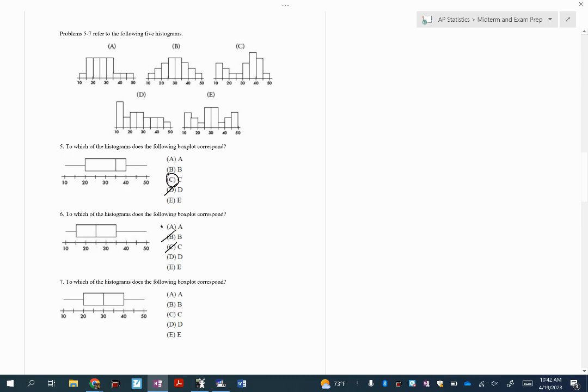That one looks like it's symmetrical, perfectly symmetrical. And then what about D? Could it be D? Yeah, it could be D. And then I don't think it's going to be E because I think the median for E would be 30. Okay? So what do you guys think? So A or D, we're looking for number 6.